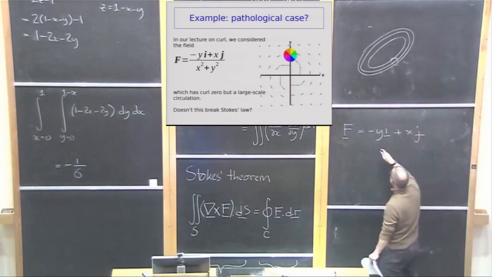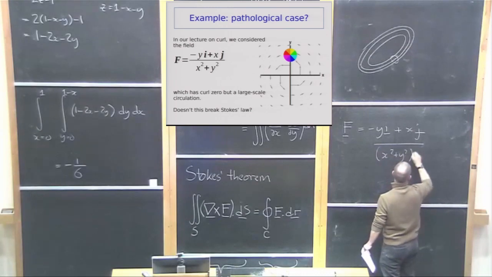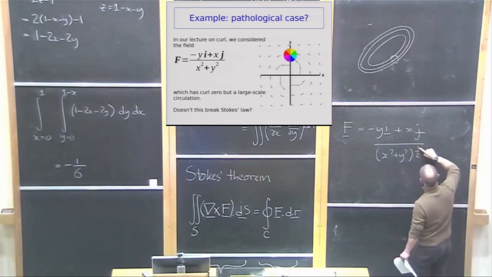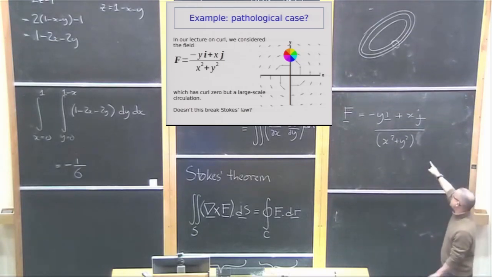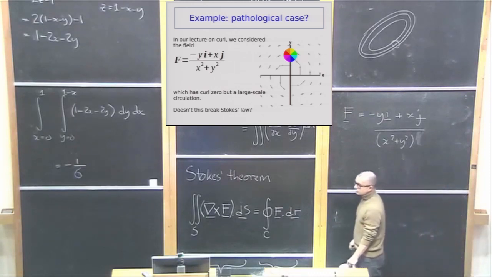The normalization of this would be x squared plus y squared to the half, so that would give you a unit vector at every distance, but if I have this vector field divided by an extra component of square root of x squared plus y squared, then it falls off with distance.